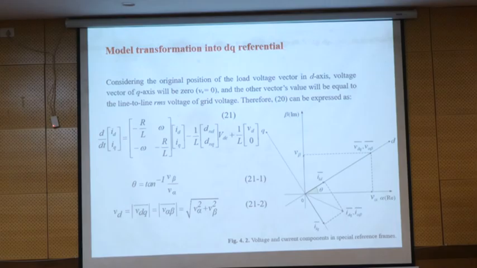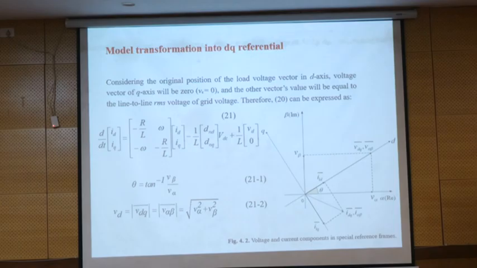But anyway, we have V alpha, V beta. Ten minutes ago I showed you that it started from 0 and alpha has 90 degrees from beta, and we also have the D and Q axes. They also have 90 degrees.